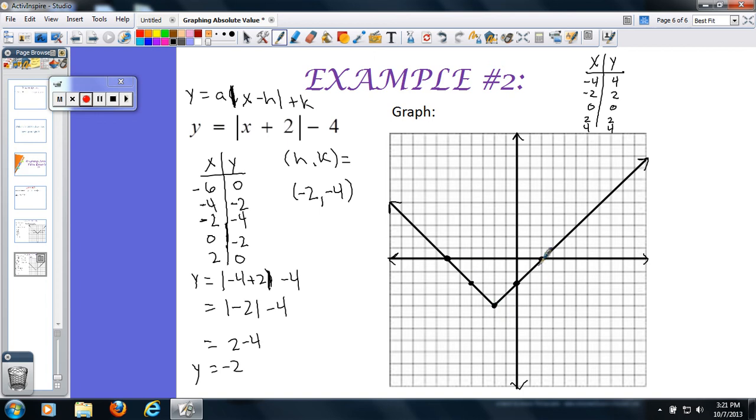You notice that it's a shift because our original point was here, so it shifts over and down, and every point follows that same pattern. Now you can just plug values in for x and get values for y. That would be perfectly fine. Or you can use the h and the k. And then there also is going to be a significance to the value of a, that will play a part in this as well. Actually, a will determine whether the graph is narrower or wider.